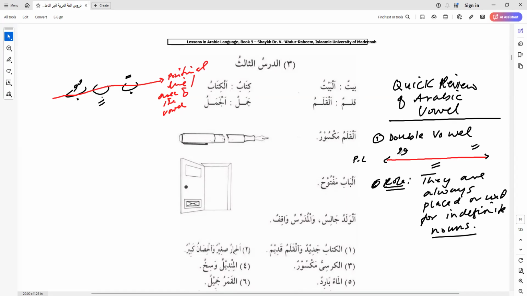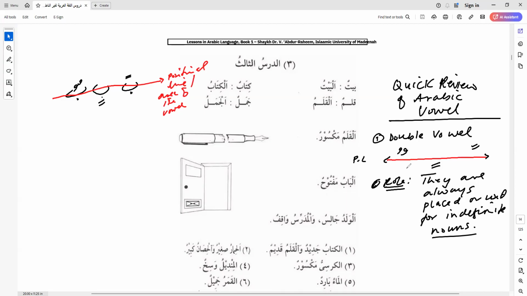Even though there are a few exceptions, which we're going to look at later on in book 3, the majority of nouns that are indefinite are going to have fathatain, kasratain, and dammatain.